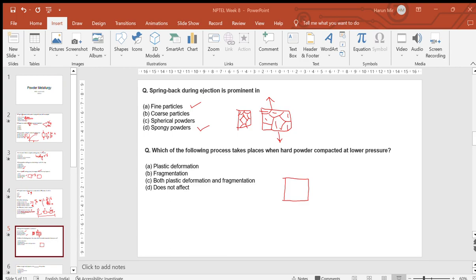Can somebody answer this question? First, if you see morphology, is it affecting your green strength or not? Particle size, okay. And any other factor?